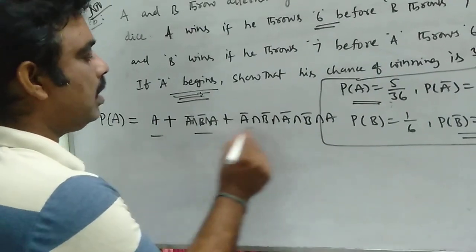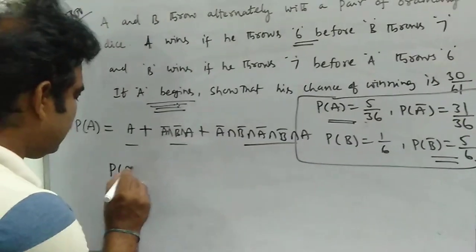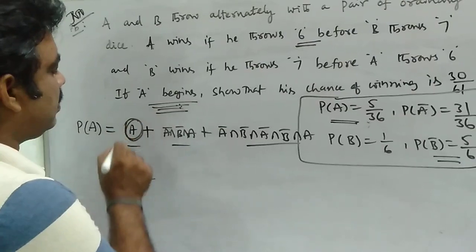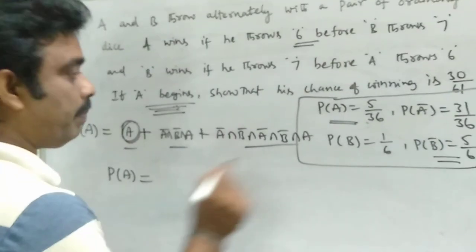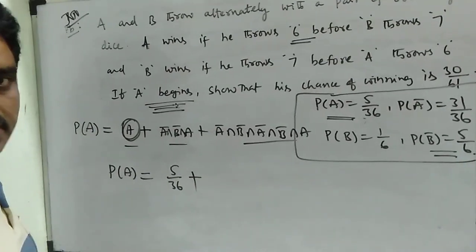And these are the possible ways of A getting 6. So you have to calculate P of A. In the first case, if he throws 6, the probability of getting 6 is 5 by 36. Clear? That is the first one.